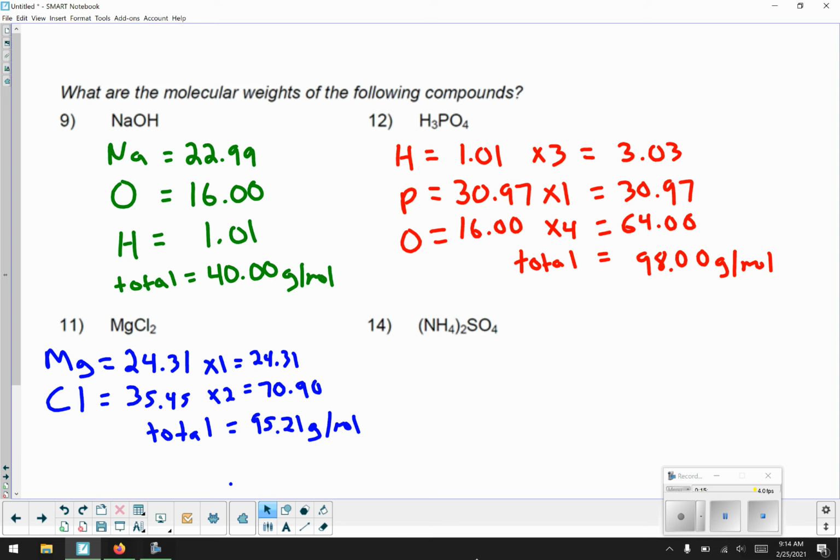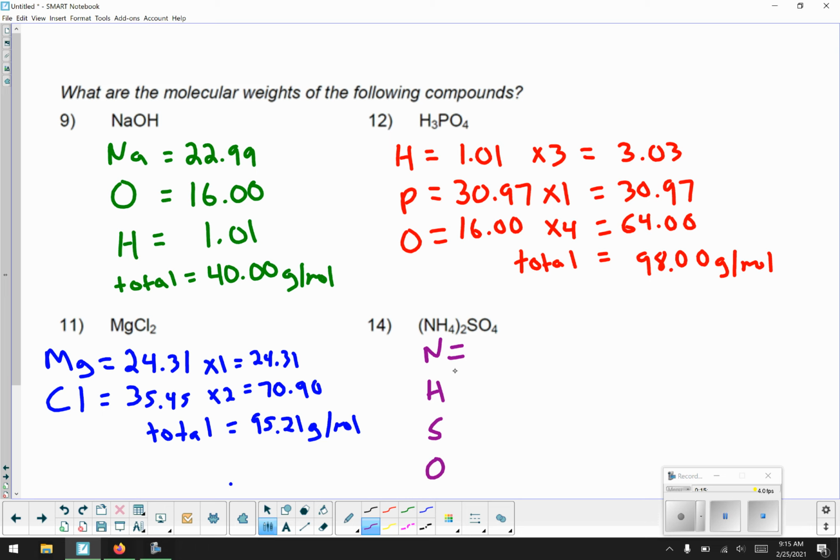It's kind of a bigger compound. But we can still do it. It's just adding. You just got to be careful. One of the tricks with this one is it has parentheses. So this is made out of nitrogen, hydrogen, sulfur, and oxygen.